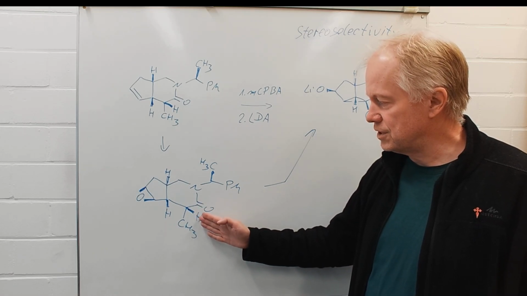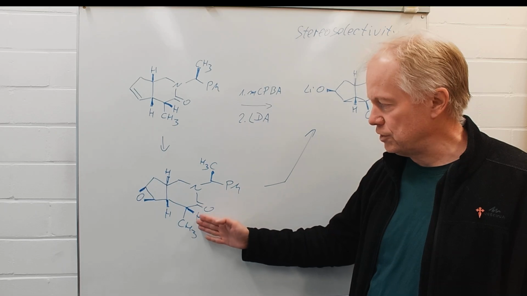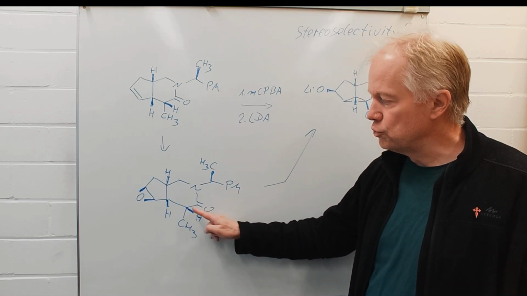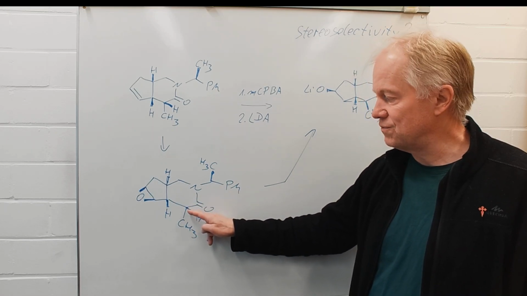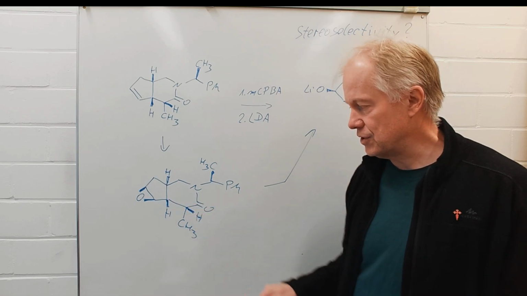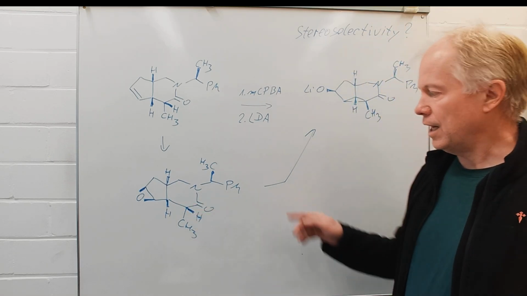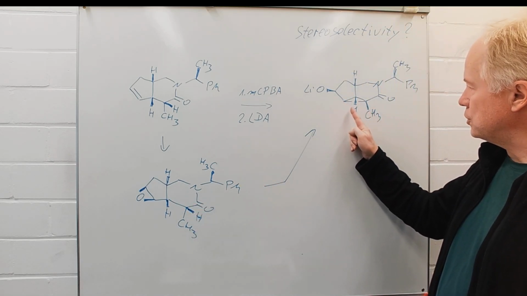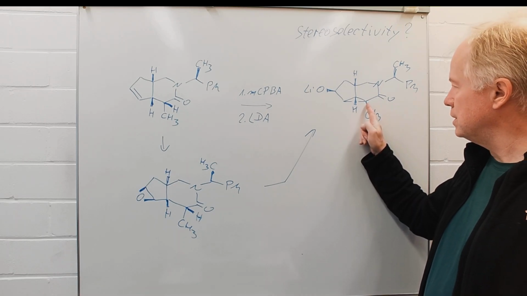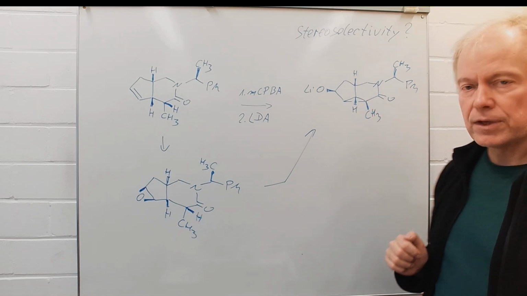As soon as it is deprotonated, we change from sp3 to sp2. That means this is a planar system then. And afterwards, after bond formation here, it's sp3 hybridized again. Thanks for listening.